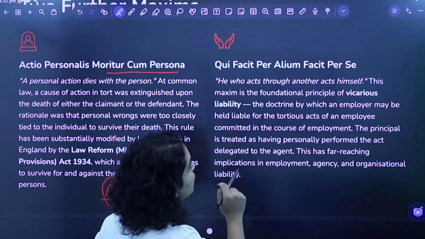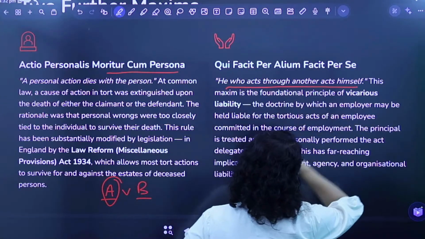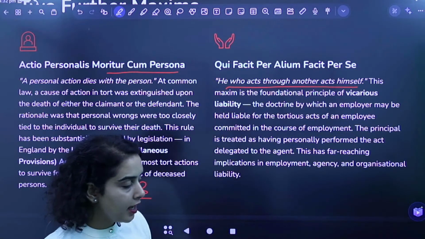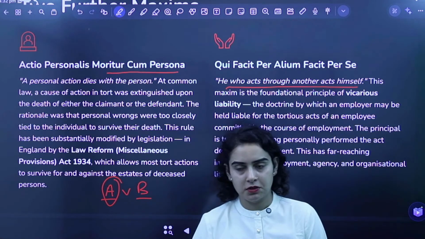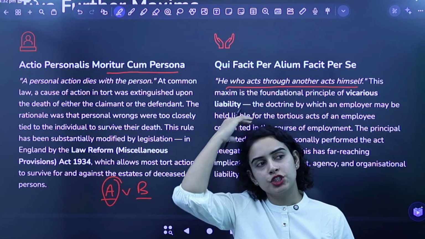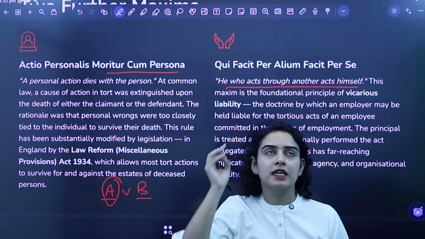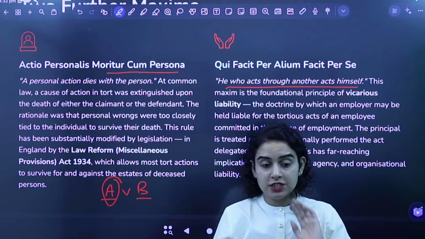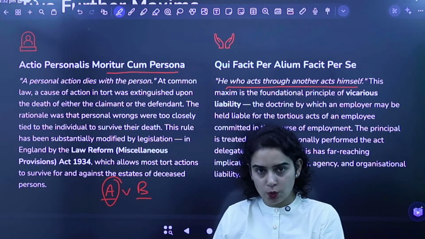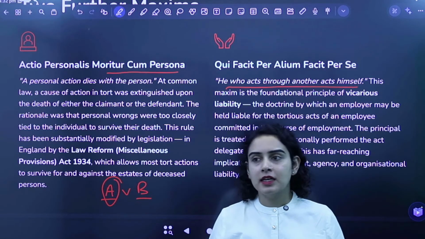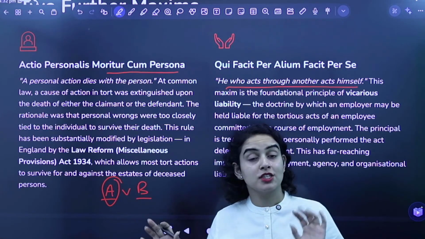Then the last is Qui facit per alium facit per se, which says he who acts through another acts himself. Yani ki, if now let's say I am an employee and I am representing my organization here, and if I make any controversial statements, right, about anything, so when I'm representing an organization as an employee, in that case, whatever I do, automatically the responsibility or the accountability is going to be with the organization as well, right?